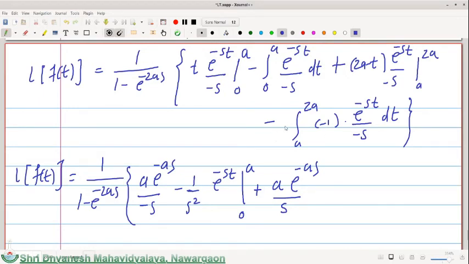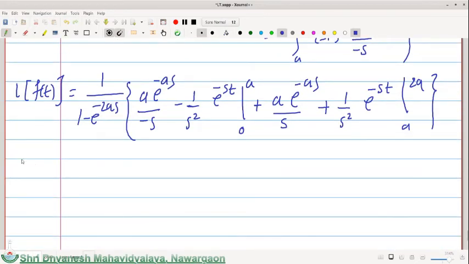Next term, this minus 1 and this minus is plus, and integration of e to the power minus st is e to the power minus st upon minus s, that minus s, this minus s will be 1 upon s square e to the power minus st with the limits a to 2a. So this is Laplace transform of f of t equals 1 upon 1 minus e to the power minus 2as.